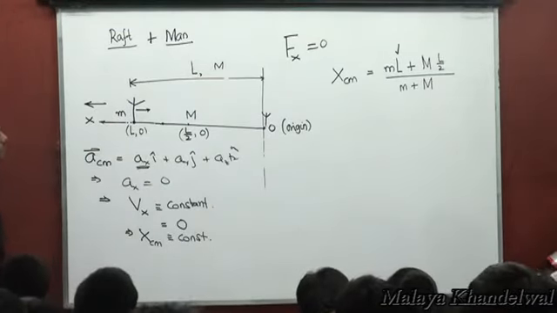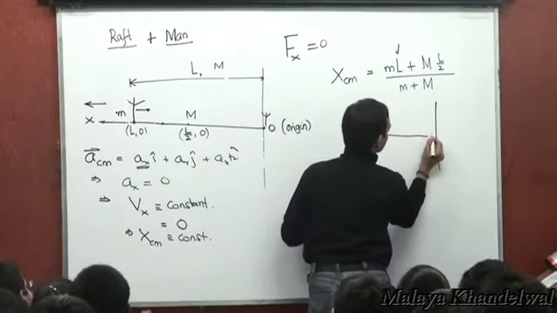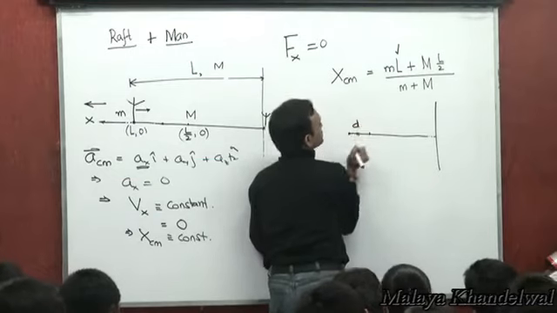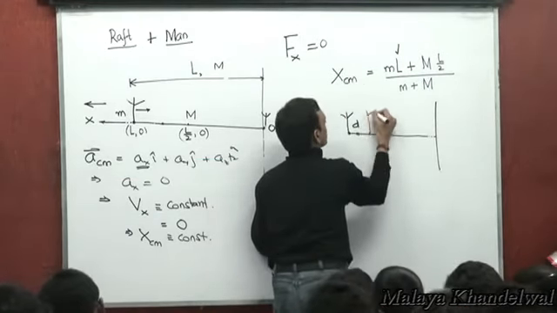Let's say the man moves d units on the raft. That means with respect to the raft, he walks d units rightwards. Let's say the man walks d units rightwards.